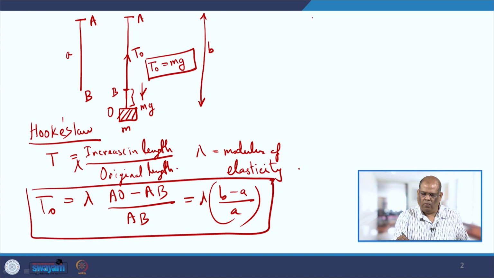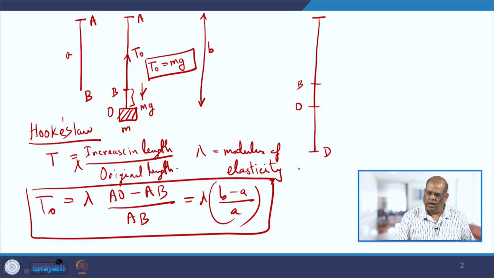Now, once you have this setup, what you will do is, this is say O, you pull the string up to the point D and let it go. So, this elastic string is going to oscillate just like this.